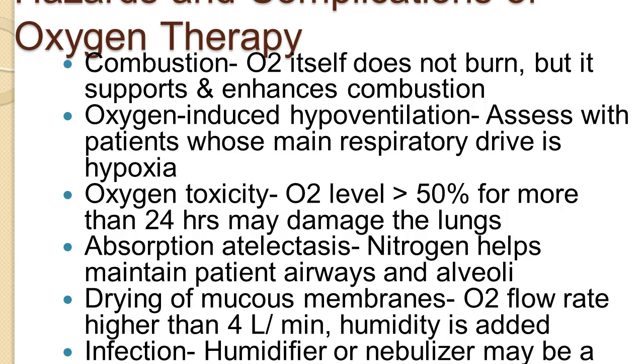But the important thing is that we're delivering exactly what has been ordered. And then if there's something that just doesn't seem right because of our knowledge of why that particular patient should not have a high liter flow of oxygen, then it's okay to question it to make sure. Because the bottom line is we have to keep these patients safe when they are on some type of oxygen, okay?